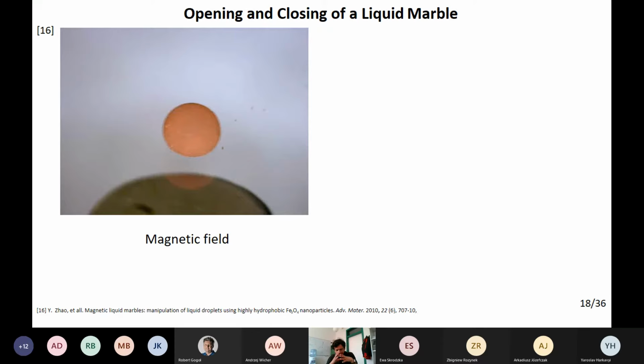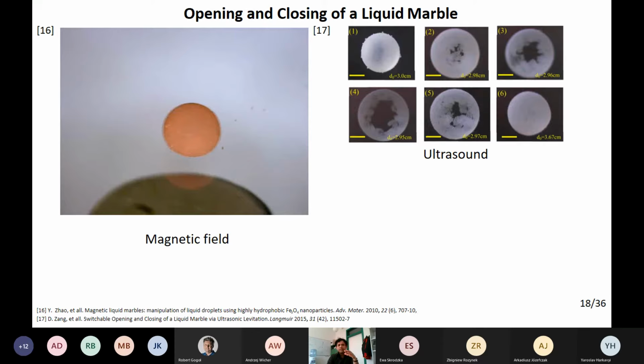There is another technique people use to open and close the particle shell, which is ultrasound. Here they use an ultrasound source, and these are the liquid marbles. They bring the source near the liquid marble and open the particle shell from the top of the liquid marble. When they remove the ultrasound, the particles cover the whole droplet.